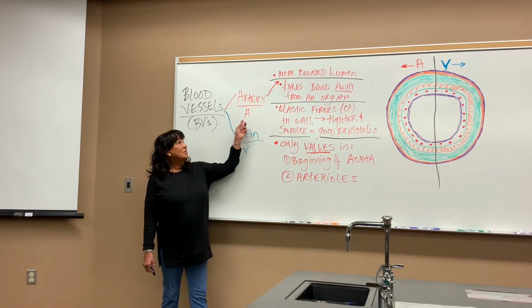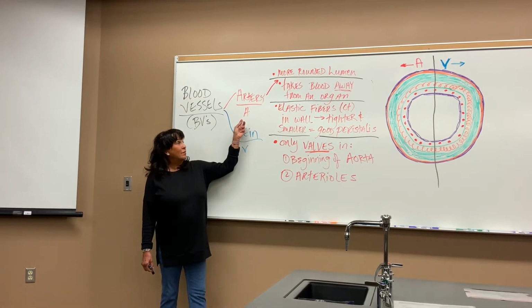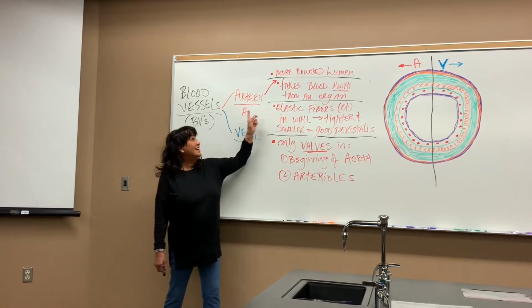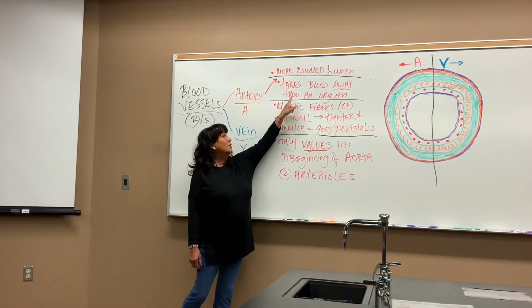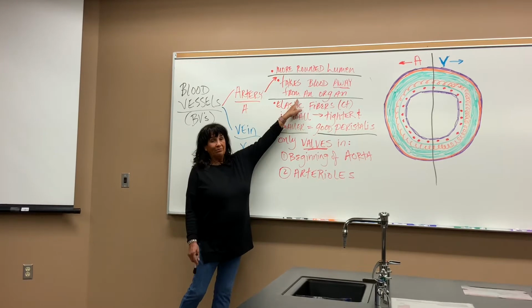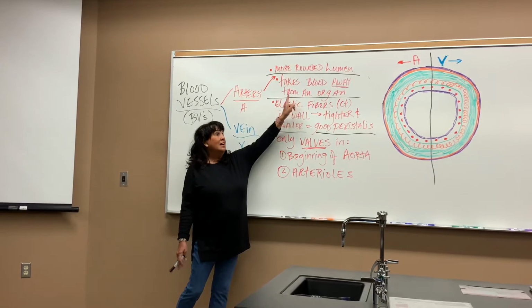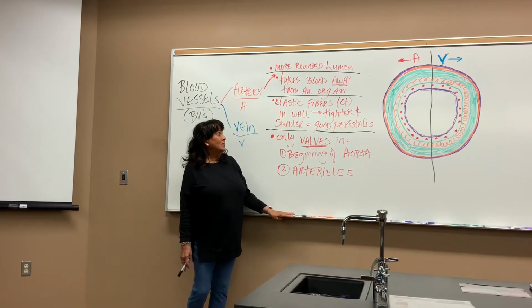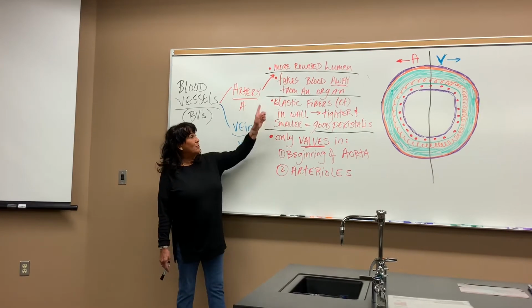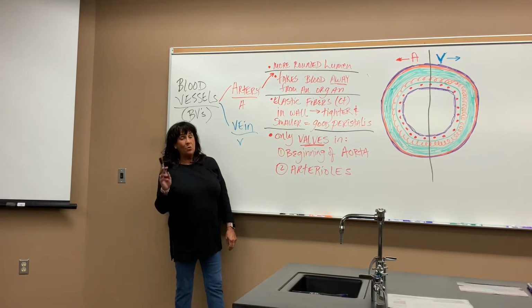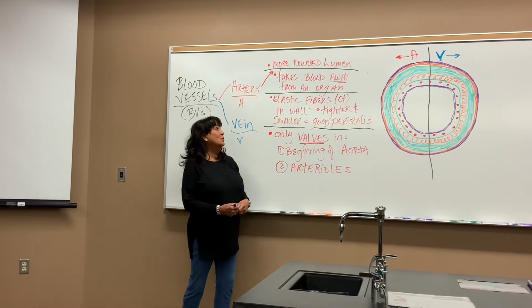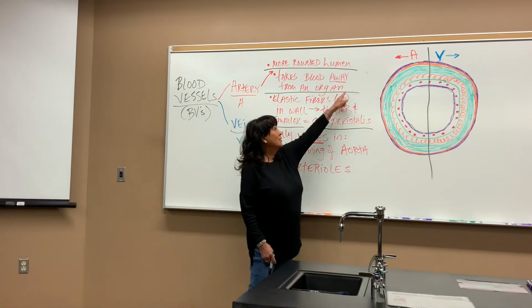So arteries, the first thing we can say about every artery in the human body is it always takes blood away from an organ, like the heart. Essentially, it can take it away from an organ, and we have to qualify that. And so it's going to take it away and take it to another organ, right?